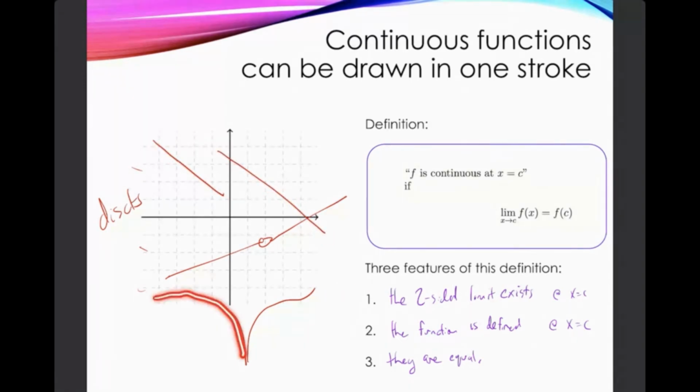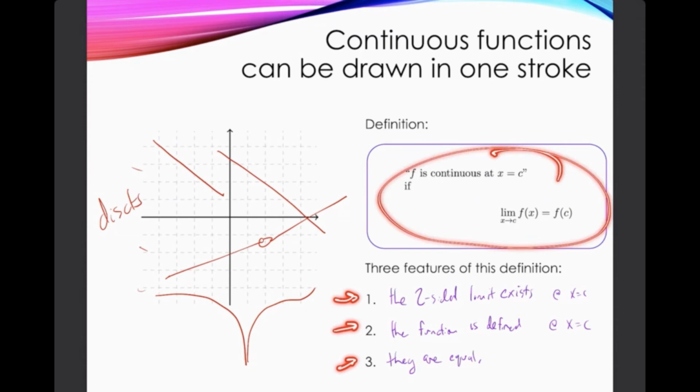And this one here suffers the same problem that the two-sided limit doesn't exist. So these three features here of this definition forbid all three of these scenarios.